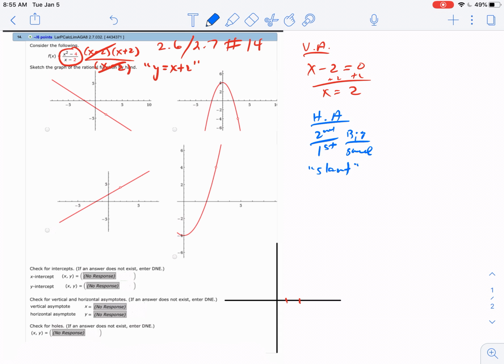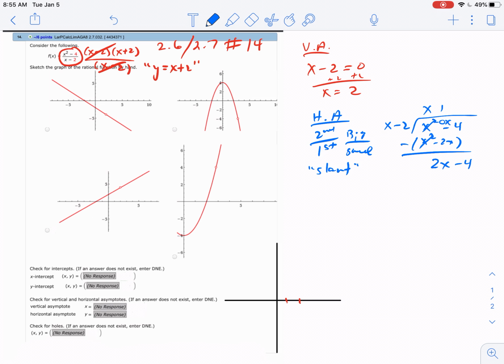And so technically you should do your long division, which would be x squared minus 4 divided by x minus 2. You have to put an x on top. X times x is x squared. X times negative 2 is negative 2x. And you subtract. Those two will subtract to 0. Now remember, this is 0x. There's no x up there. So you say 0x minus negative 2x would be 0 plus 2. So I have 2x minus 4.